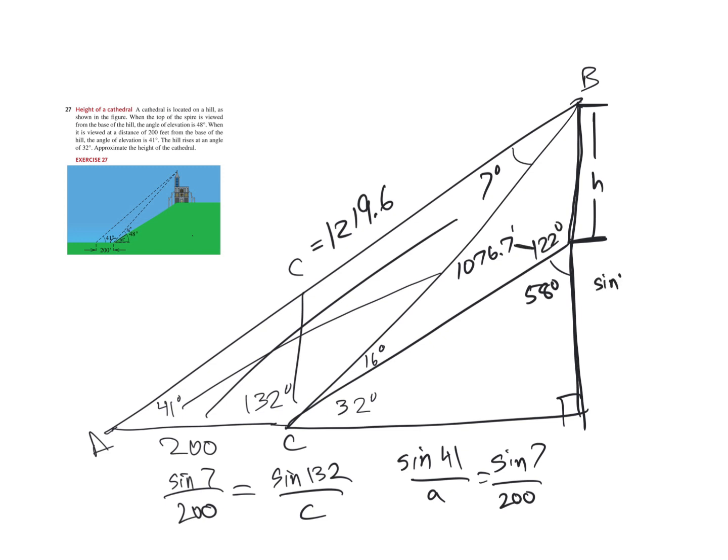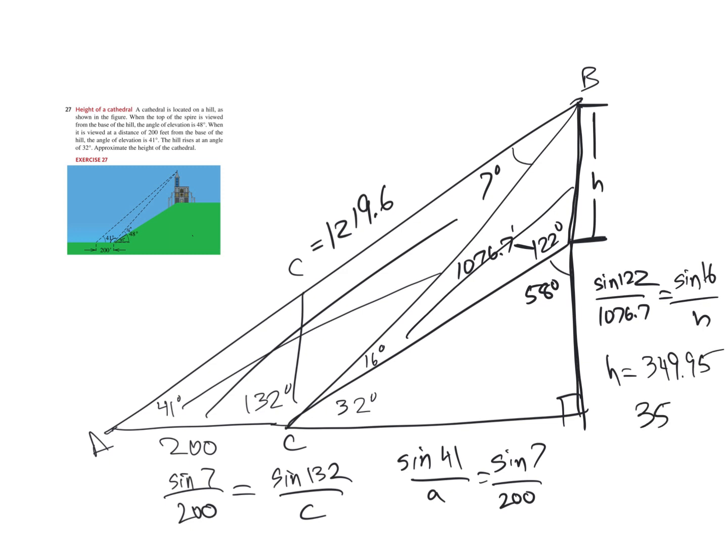The sine of 122 is to 1076.7, as h is to the sine of 16. That gives us the height of the cathedral. So cross multiply: 1076.7 times the sine of 16, and then divide by the sine of 122. So the height should be 349.95, so 350 feet. It's a pretty high spire.